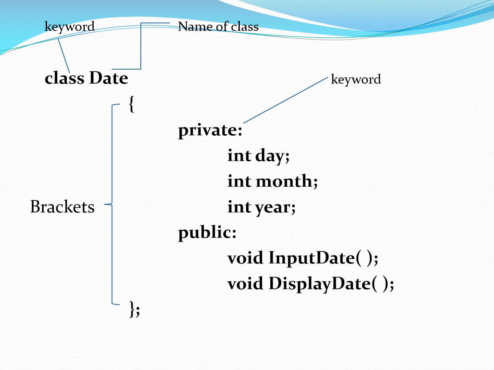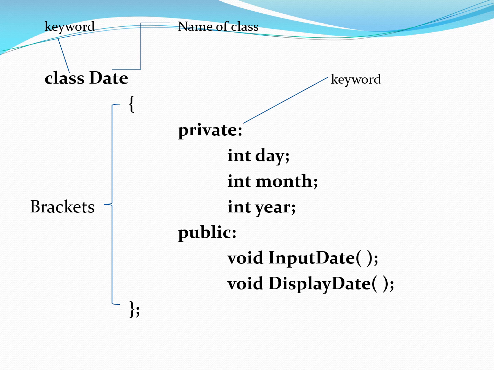Inside the class, between the open and close curly brackets, we have n number of data items. They are classified into two things, that is member functions and data members. The data members are usually placed in the private section. When we talk about dates, we have different data like day, month and year. These three are declared in the private part as int day, int month, int year.